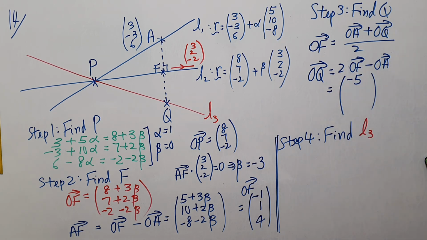And then 2 times 2 minus 3 is 5. Then 2 times OF again, 8 minus 6 is 2. So this is my OQ.